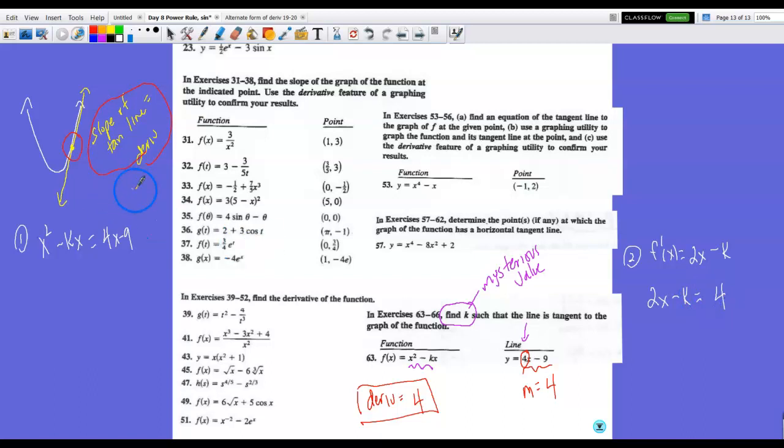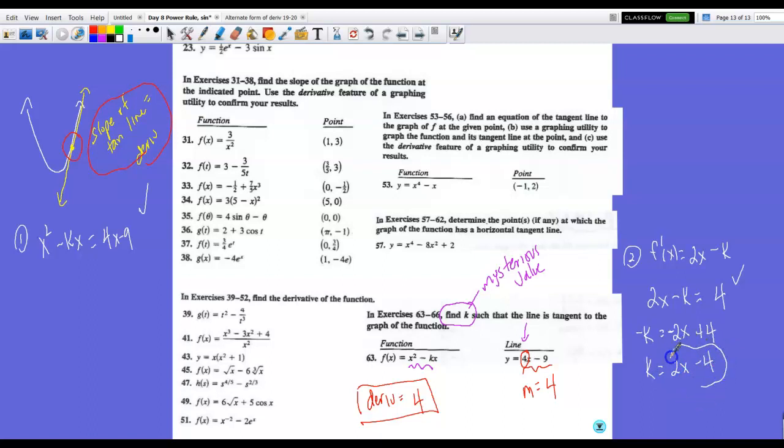All right, so over here we have an equation, and over here we have an equation, which means we have a system of equations that we can solve. I think the easiest way to solve this system is to come over here to the right-hand side and get k by itself. I would subtract 2x on the right-hand side, and then divide by -1 on both terms, so that would give me positive 2x minus 4.